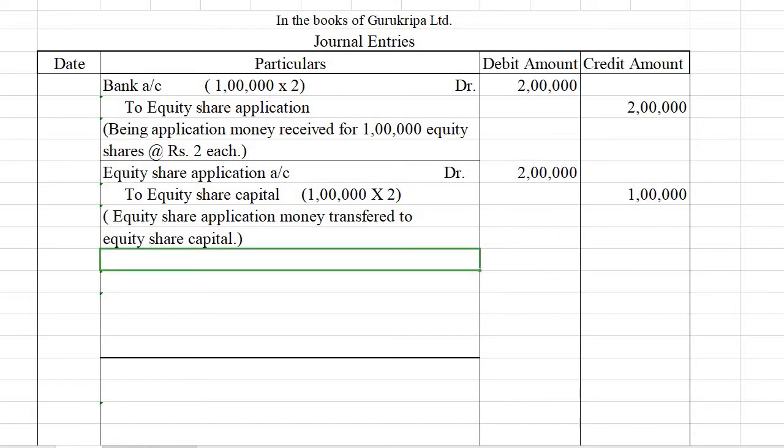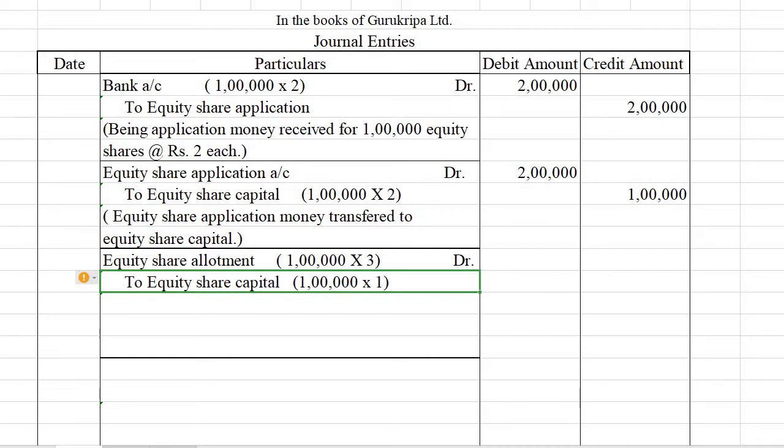That means equity share allotment debit to equity share capital, and here premium also is there. Allotment is 3 rupees: capital value 1 rupee and 2 rupees is the premium. So we write the journal entry: equity share allotment debit to equity share capital, to securities premium reserve.